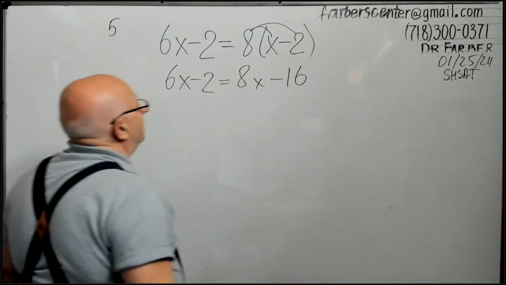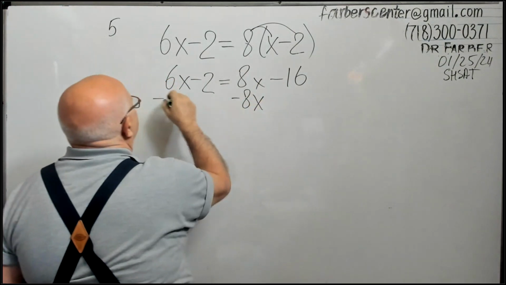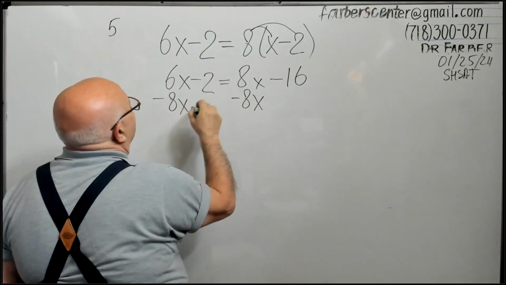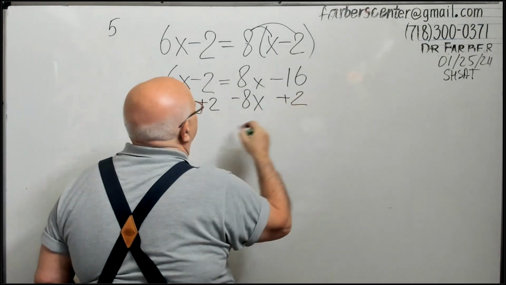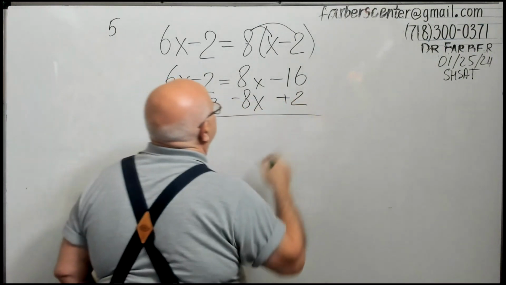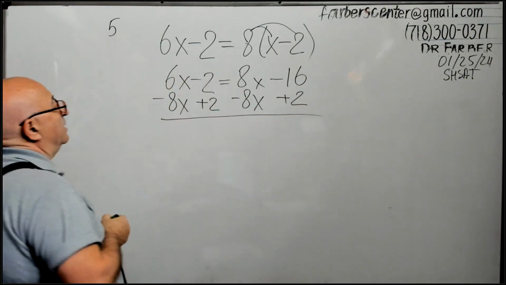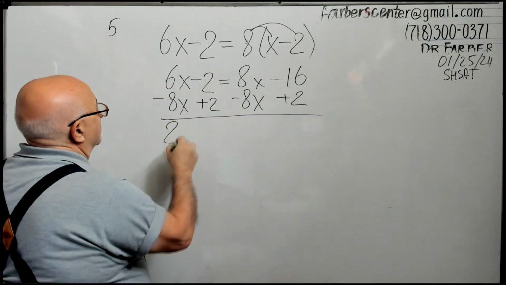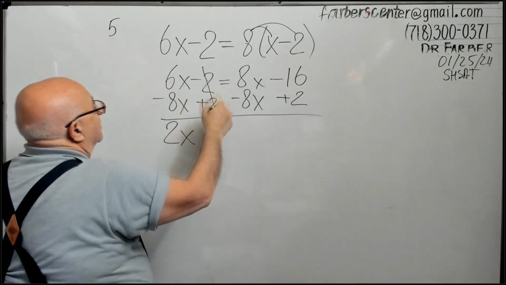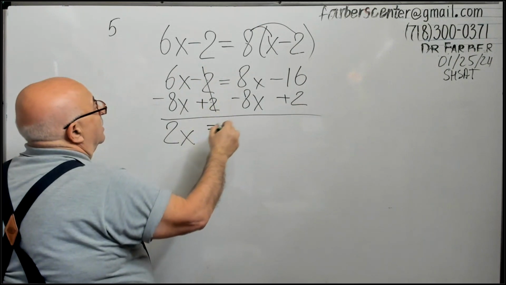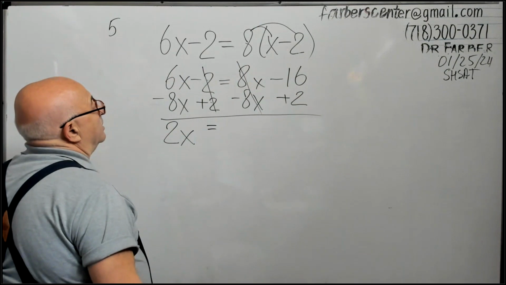Now minus 8x and minus 8x, plus 2 and plus 2. Or you can do it the other way around from left and right parts. 6x minus 8x is negative 2x. Negative 2 plus 2 cancel out. 8x minus 8x cancel out.